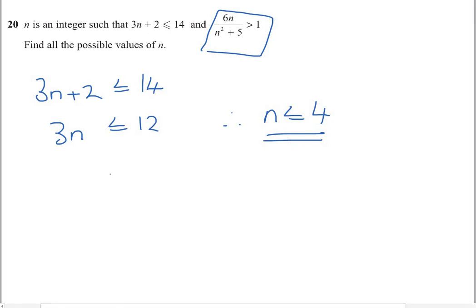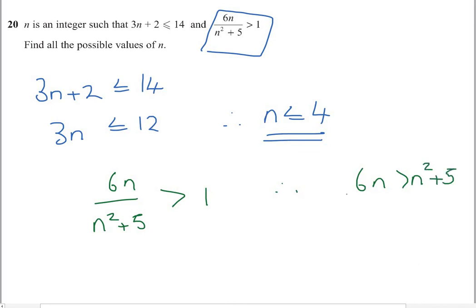Moving on to this second part, it's going to give us a quadratic. 6n over (n squared plus 5) is bigger than 1. Well, this tells us that 6n is bigger than n squared plus 5. Now, the reason this hasn't changed the sign is because the bottom is always positive. Hopefully you can see that.